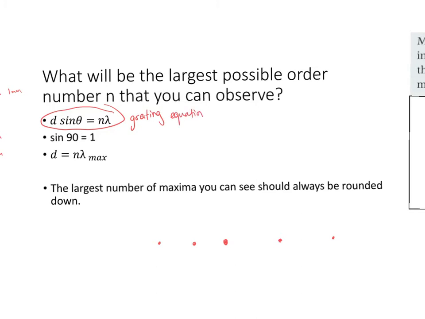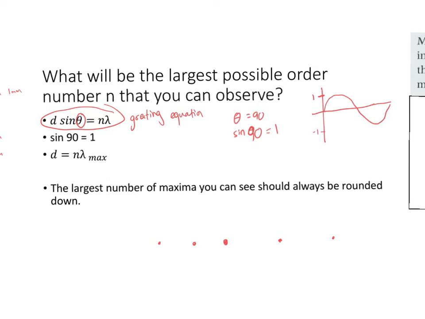And the only time that you can get the highest number of orders is when theta is at 90 degrees, so sine 90 is equal to 1. That's the maximum number. Just to remind you that sine has its own wave, with the maximum being 1 and minus 1.